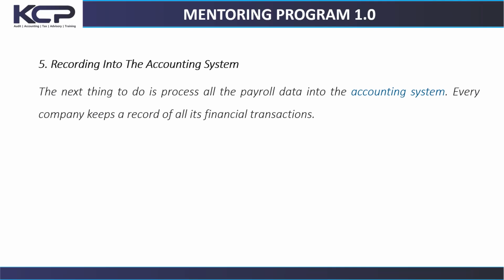While the corresponding entries go as payables, so you have net pay payable, pension payable, NHF payable, and PAYE payable, right? When the payment is eventually made, you now debit each of the payables whose payment has been made and credit your bank.